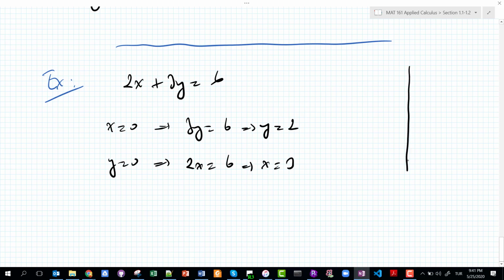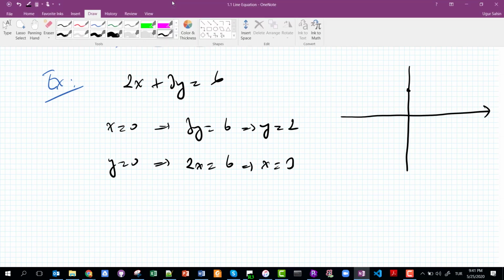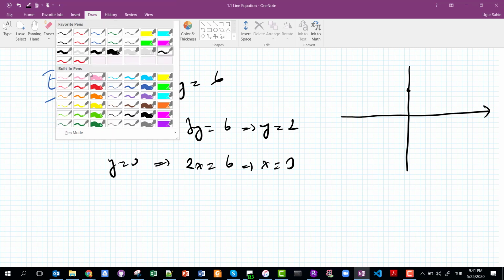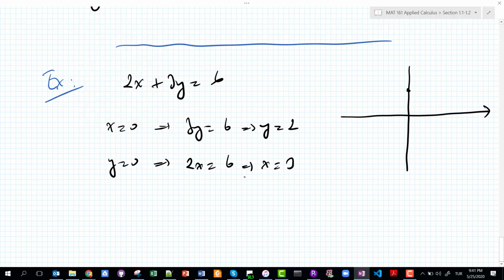So when x equals 0, y is 2, I should be here somewhere, and if y is equal to 0, x should be equal to 3. Now my line should go through these 2 points, and that's going to be my line.